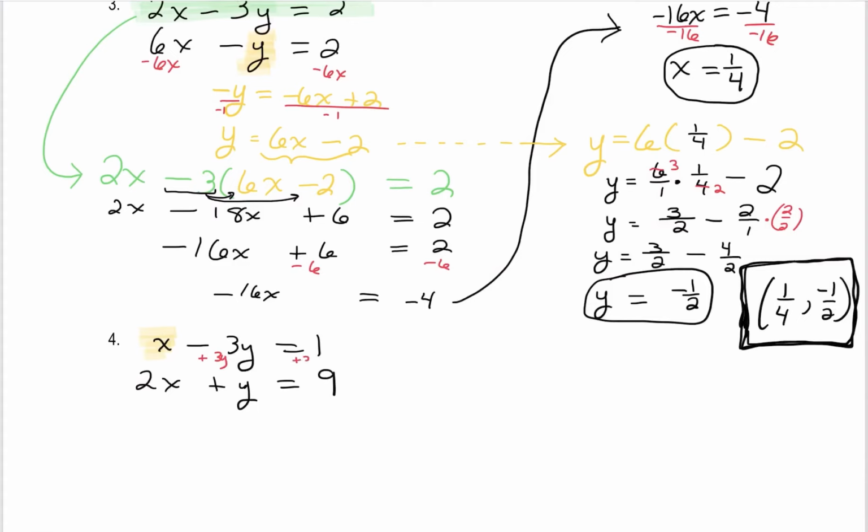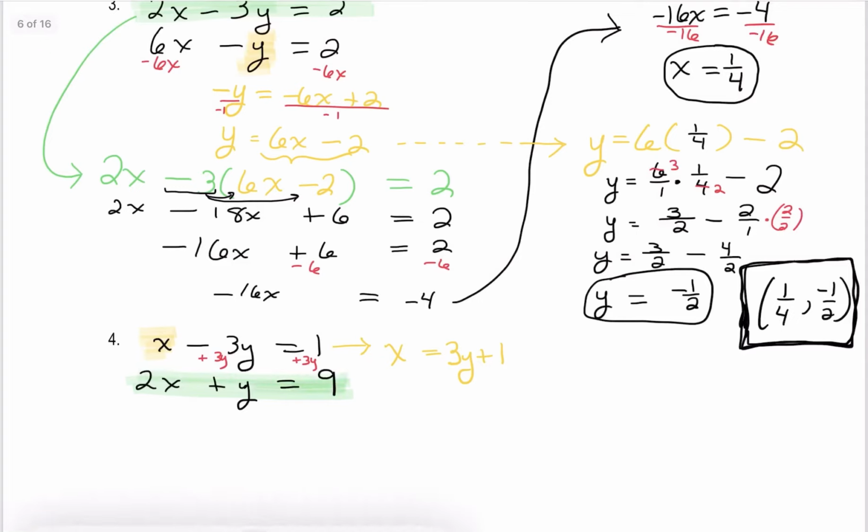So let's start by adding the 3y to the right-hand side there. So that's going to mean our x is going to equal 3y plus 1. Next step is to go into the other equation. So in this case, that is the second equation.